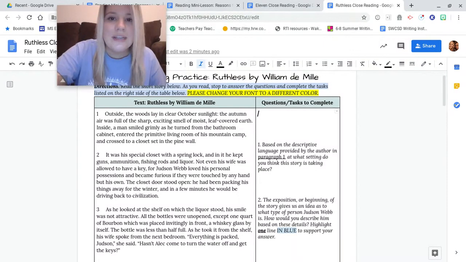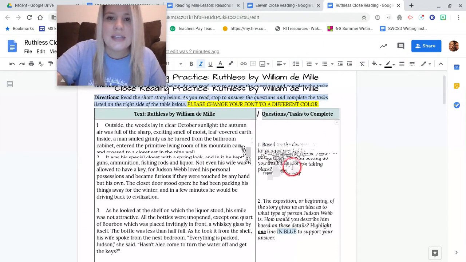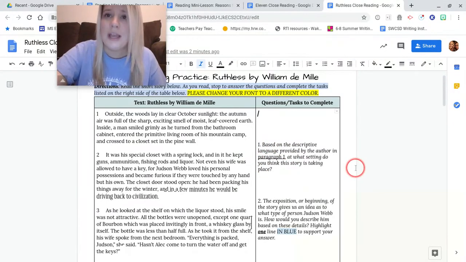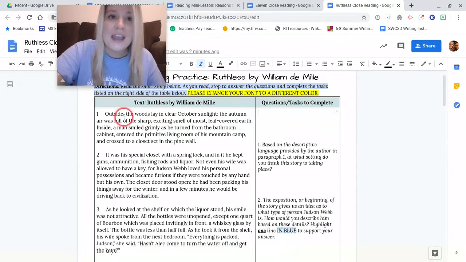Notice our question 1 here talks specifically about paragraph 1. That tells me as a reader that I need to stop after I have read paragraph 1 to answer question 1. This is because if you were to read the entire text and then go back to answer question 1, the likelihood of you forgetting the small details in paragraph 1 is pretty high.